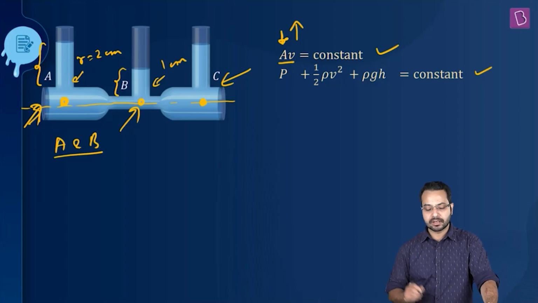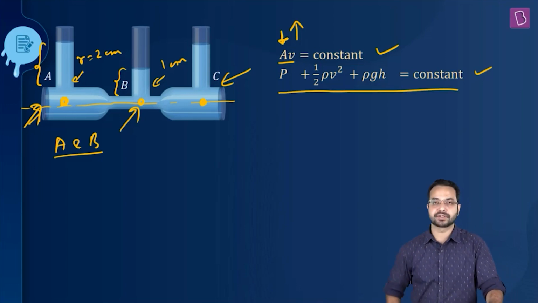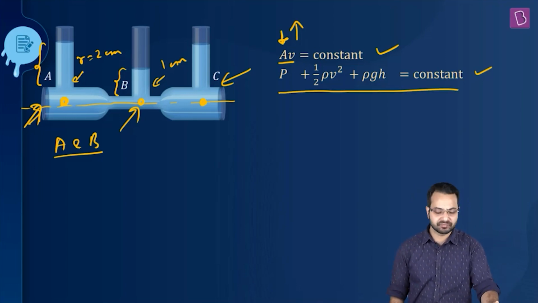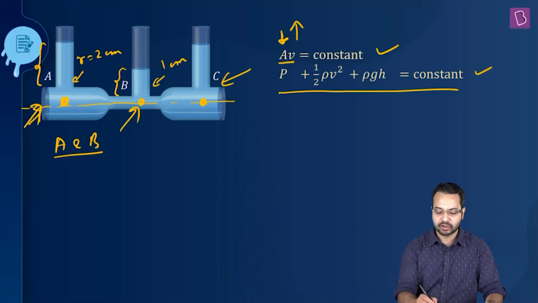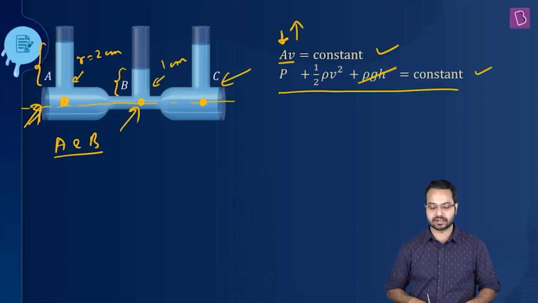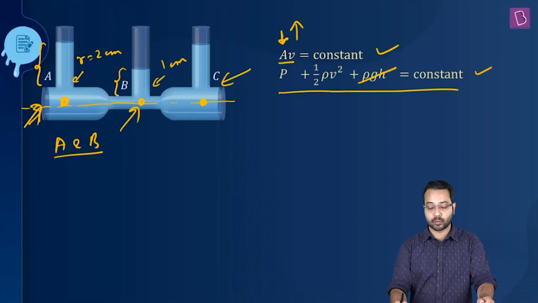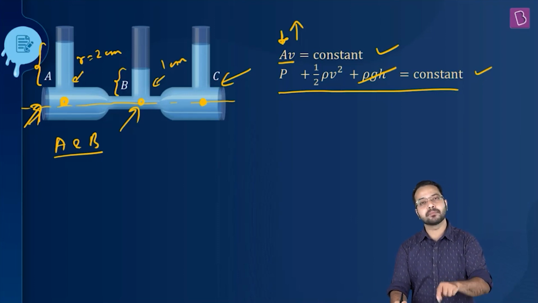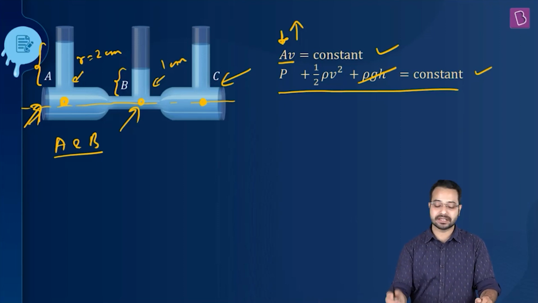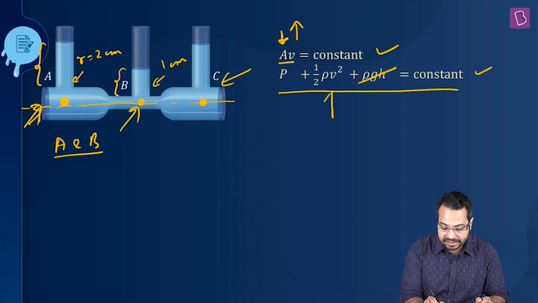Now let's go to Bernoulli's equation. First of all, they are at the same horizontal level, so this rho g h is already a constant and is not going to play any role. Now, P plus half rho v square has to be a constant. At B, we see that the speed increases.